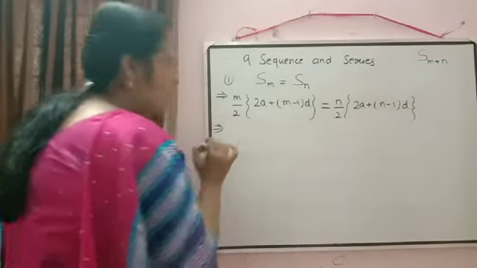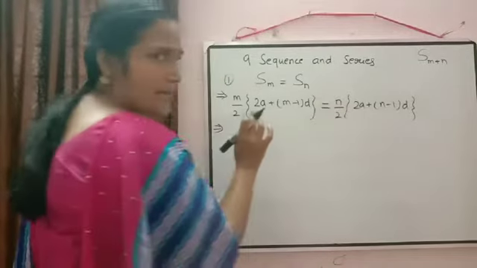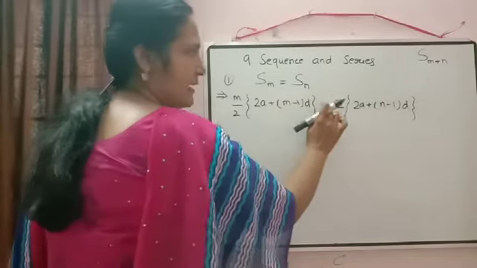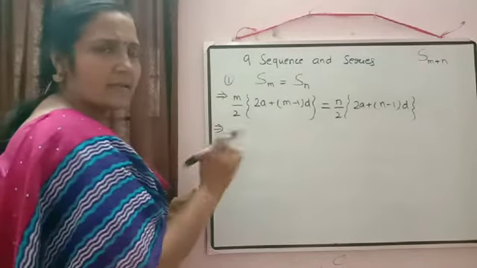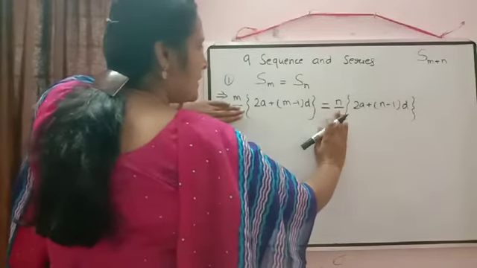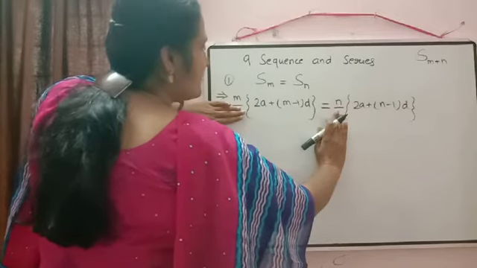Now we can check how we can simplify it. If we shift this 2 to the right hand side, this 2 will go to the numerator and that 2 and 2 will get cancelled. So to reduce one step, we will suppose that these 2's are cancelled. So the remaining terms will be there.